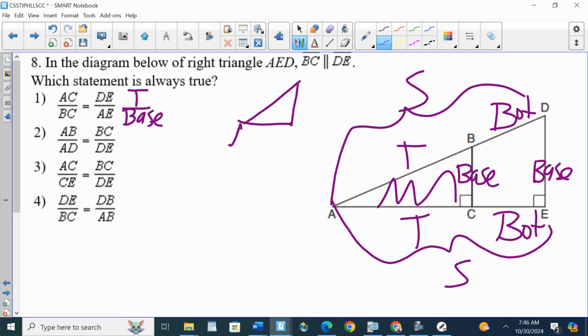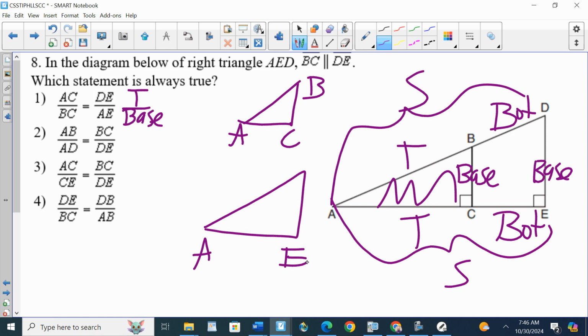I've got A, C, B. I've got A, E, D. So let's just finish this off first. DE is a base. AE is a side. But if there's bases involved, we want to really go this route. AC, DE. They're not the same triangle. They don't correspond. That's not it.